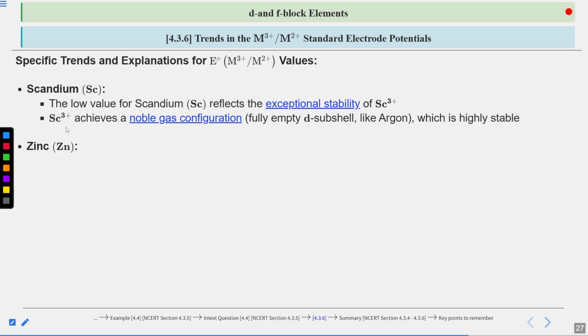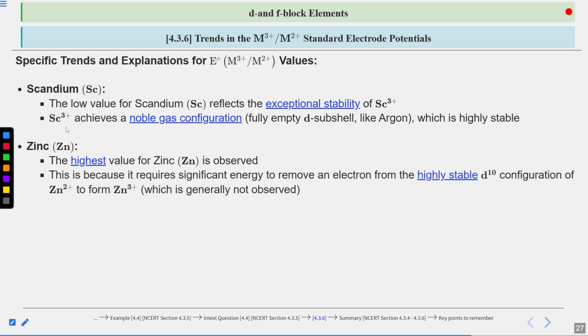Next is zinc. Zinc has the highest E naught value from M3 positive to M2 positive. This is because it requires significant energy to remove an electron from the highly stable d10 configuration of zinc 2 positive to form zinc 3 positive.